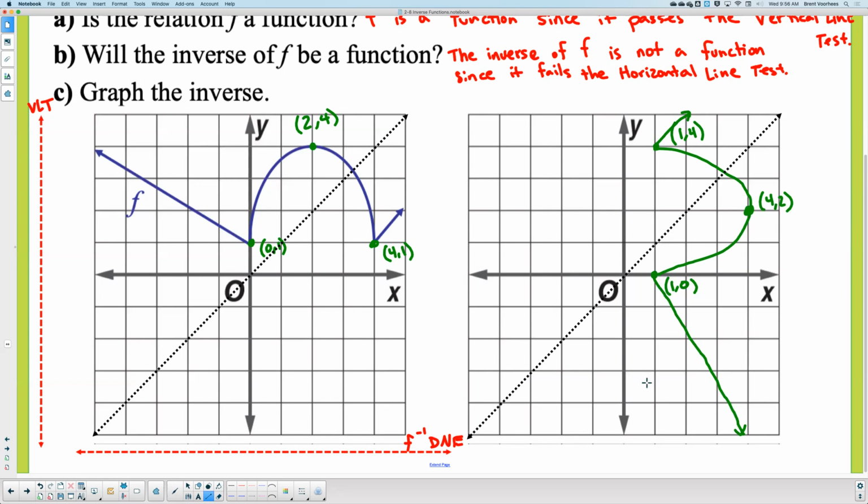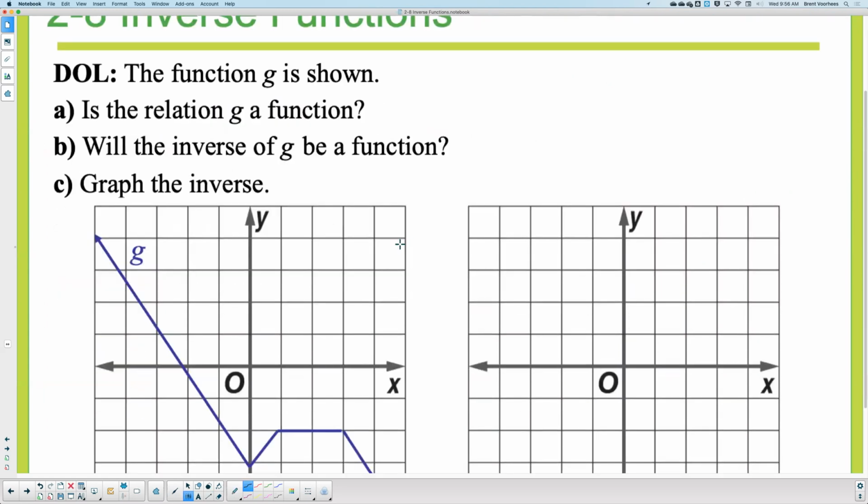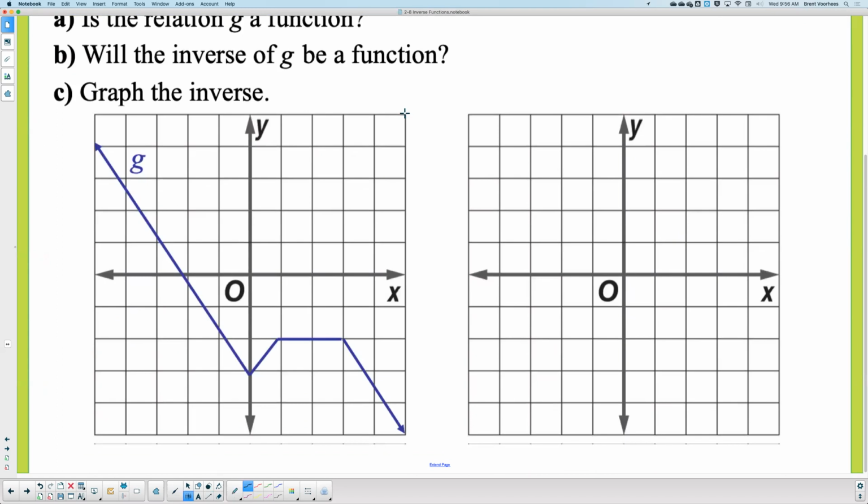And so that's how you can test to see if that works. That's the line y equals x. If you want to add that, use your pencil and draw a dashed line diagonally through there. That's a great test, especially on your DOL, to check to see if you got it right. You could throw on that line y equals x diagonally through here and over here and check to see if it reflects properly.